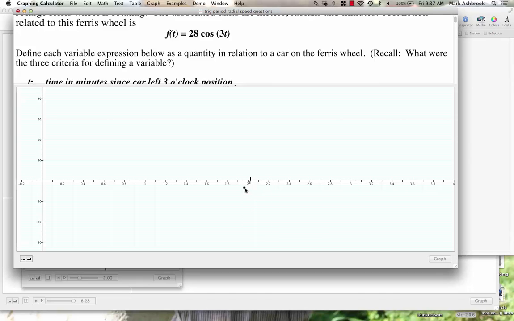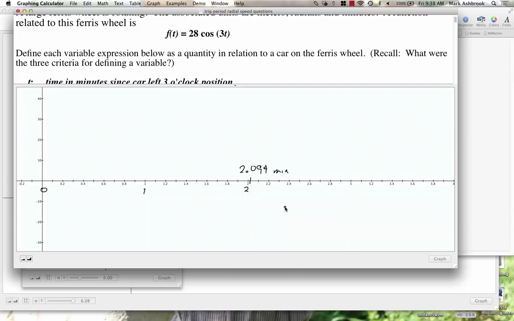This is 2, this is 1, and 0. So right there at 2.094 minutes. So now we're going to sketch the curve ourselves, okay? So what do we need on this horizontal axis to be able to do that well? I've got 2.094 is going to be how long it takes for one full cycle. What else am I going to need on this horizontal axis?